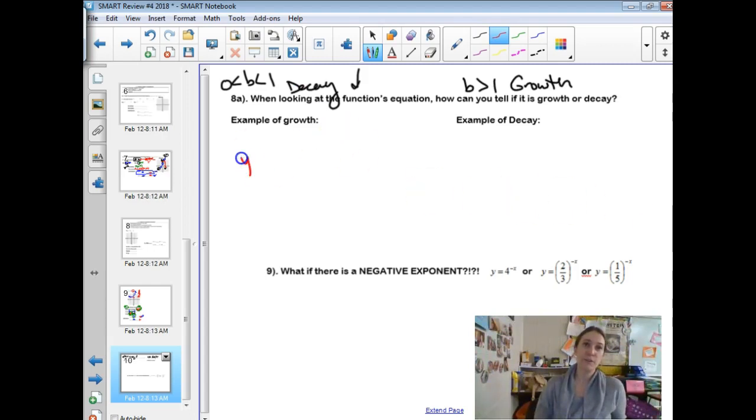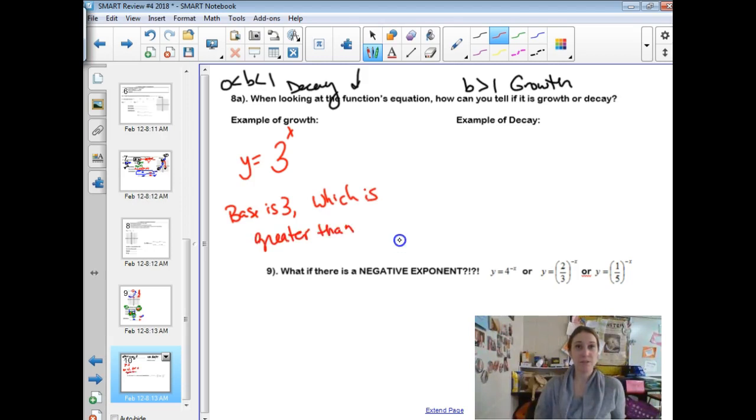So an example of a growth function would be like 3 to the x power, because the base here is a 3, greater than 1, so therefore it's growth. If I ask you to explain, I'm going to expect to see some words like that. Something like, the base is 3, which is greater than 1. And I might suggest you avoid using mathematical symbols in the explanation, simply because people often do that wrong.